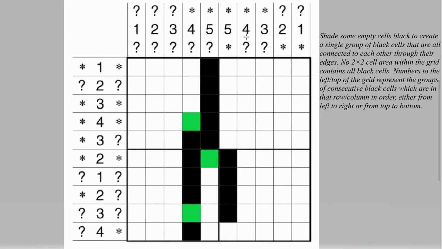Same thing with the 4 here with a question mark under it. Now that we know the 4 can't be in this square or below, it'll have to start here or above. So 1, 2, 3, 4. And the same from the top gives us these 2, 3 in here. So the asterisks, I kind of just pretend they're not there for the most part.